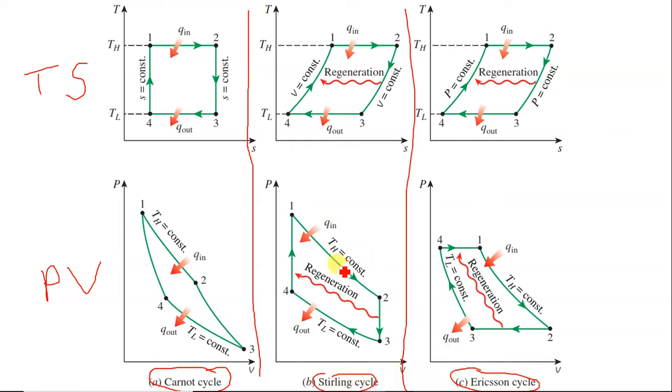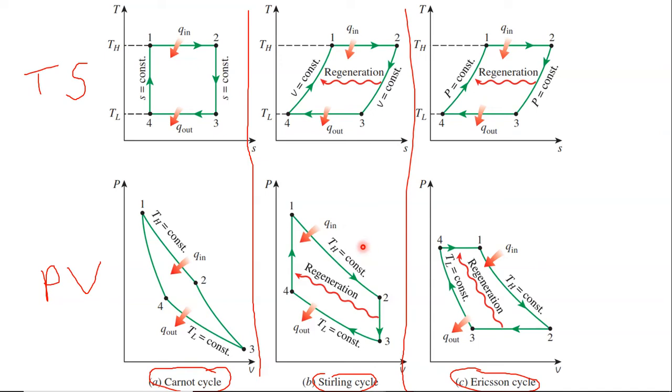Now if you see the Stirling cycle and Ericsson cycle, the Stirling cycle will look like the Otto cycle, but there is a certain difference. In the Otto cycle, this process is isentropic, this is constant volume, this is isentropic and again constant volume. But here you can see, instead of being an isentropic process, for the Stirling cycle we have an isothermal process.